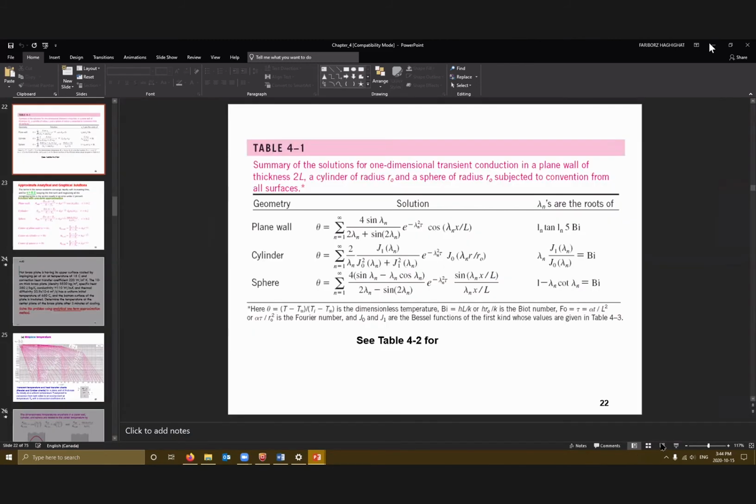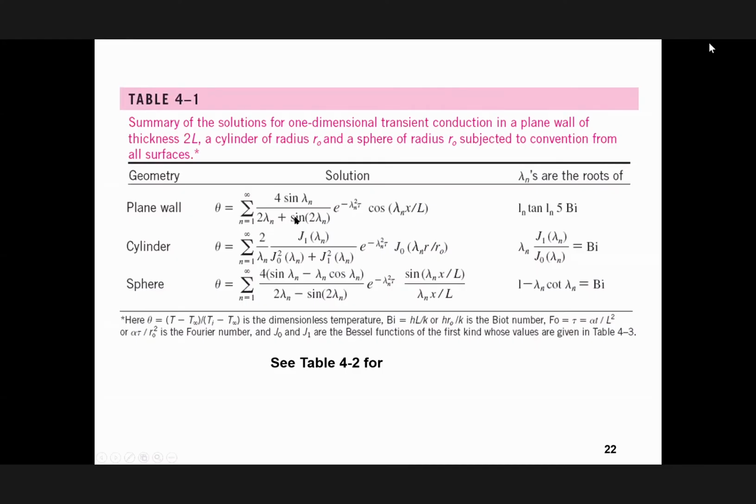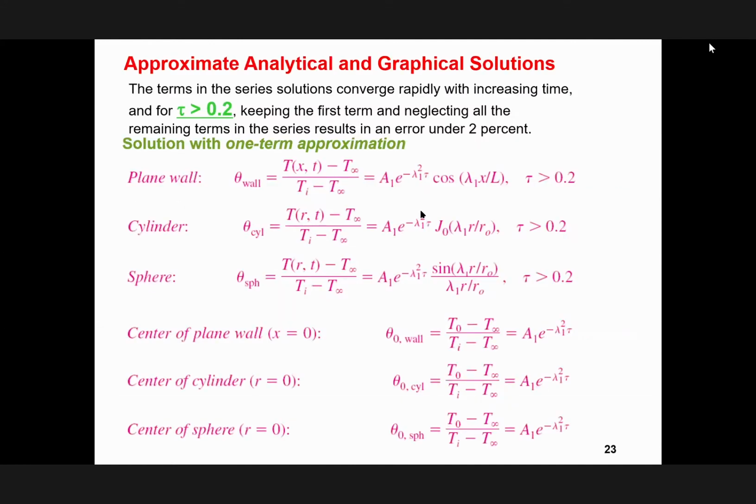And the general solution was this one. This is for any Biot number, for any Fourier number. This is difficult because you have to calculate lambda, and therefore we mentioned that in case your tau, the Fourier number, not the Biot number, is more than 0.2, you can simplify that equation to this equation.